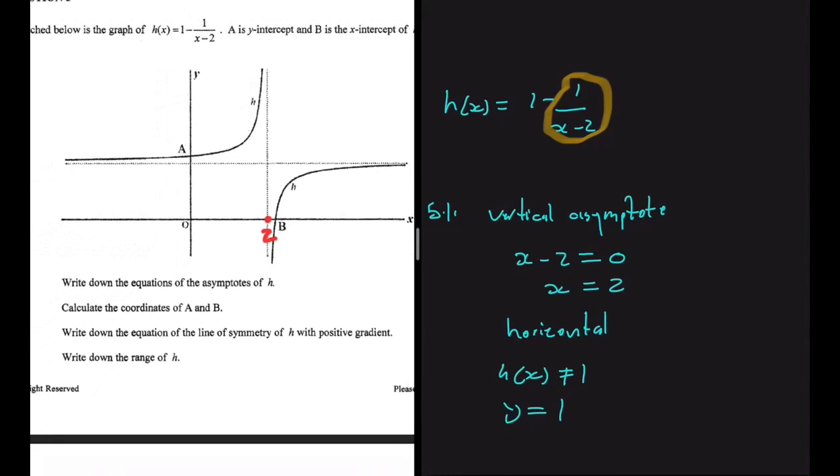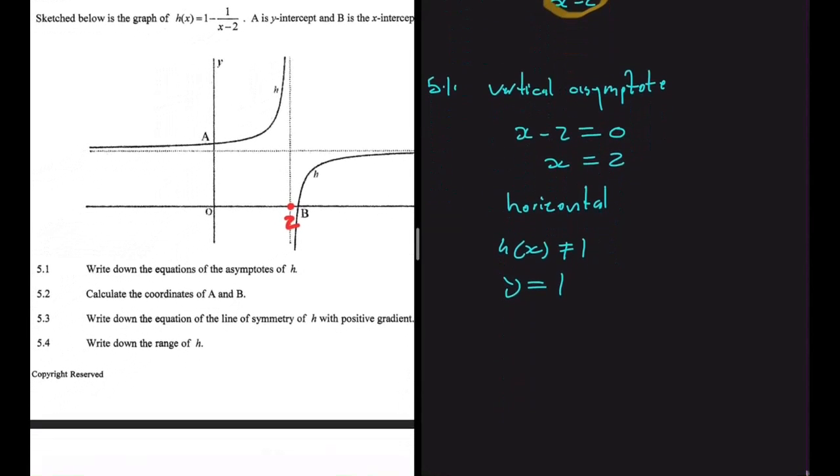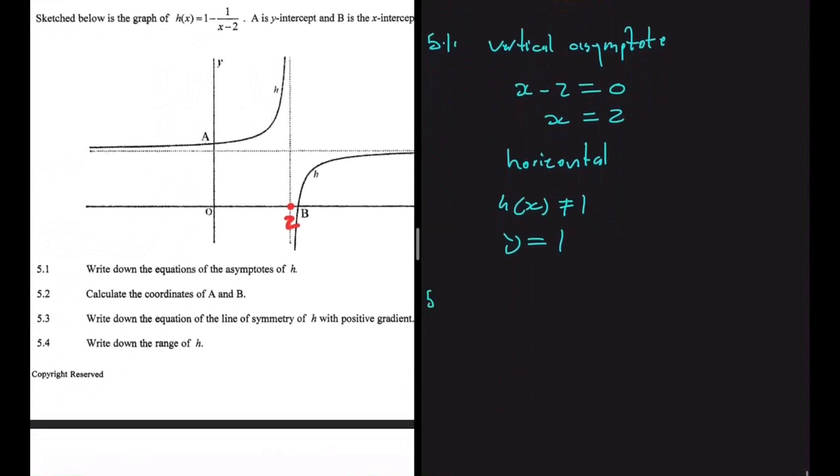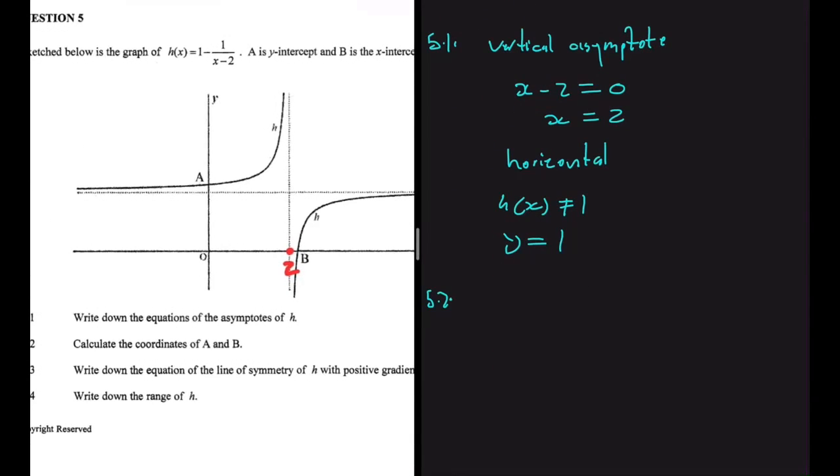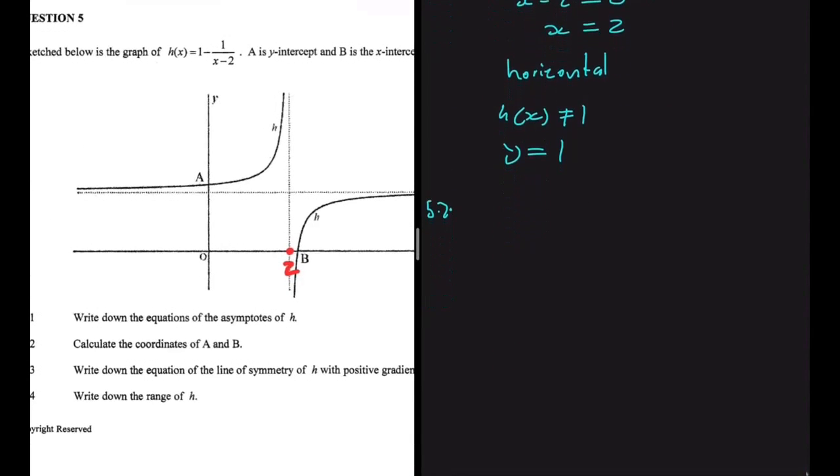And then the next question, 5.2. 5.2 is saying let's calculate the coordinates of A and B. So let's start with A, right? A is our y-intercept, so x is equal to 0, right?